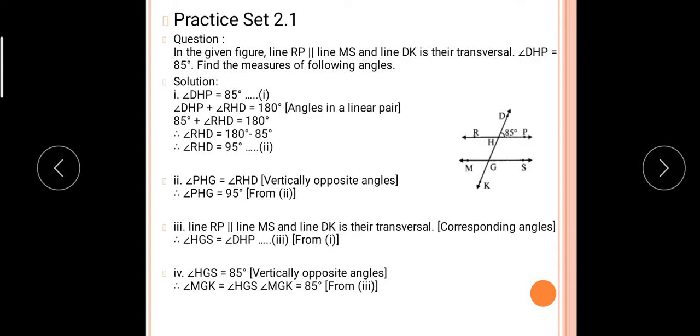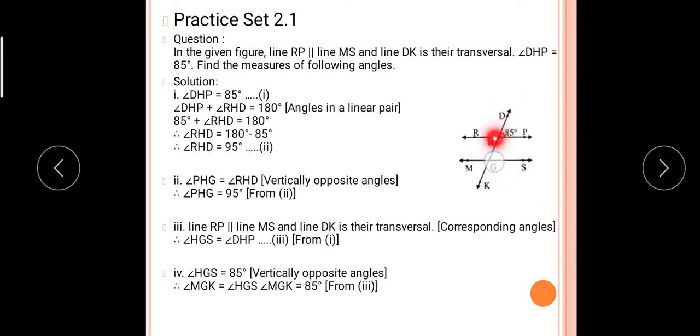Now we have to find out angle HGS. This is also very simple, just as we learned. See, RP is parallel to MS. DK is a transversal. So angles formed on one side of a transversal. Which type of angles are these?